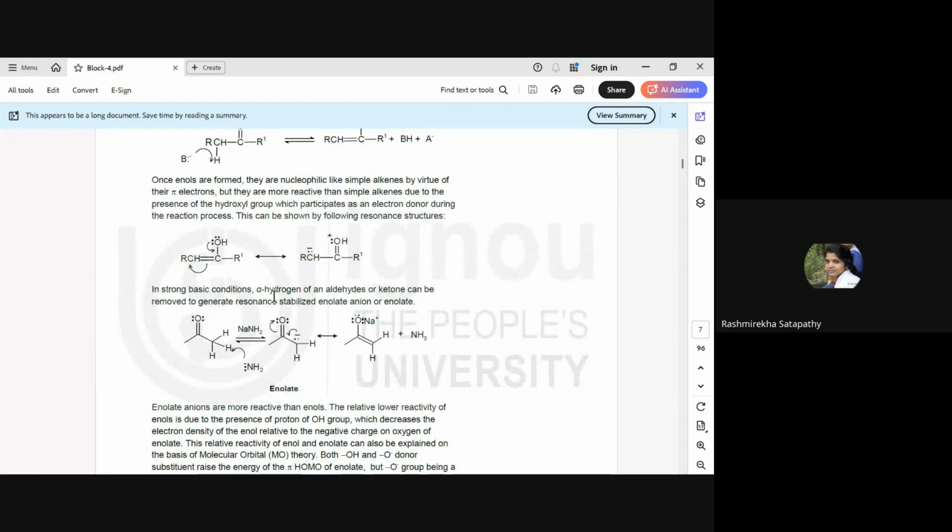In strong basic condition, the alpha hydrogen of an aldehyde or ketone can be removed to generate a resonance stabilized enolate anion, or enolate.